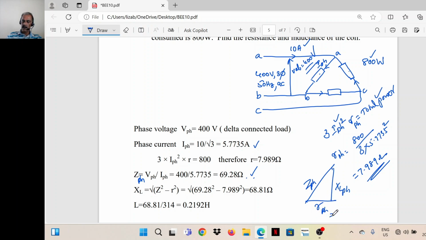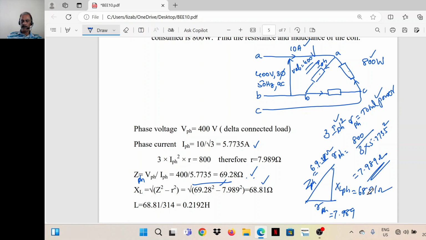This is 7.989. Impedance per phase is 69.28 ohm. So this side is square root of 69.28 square minus 7.989 square, is 68.81 ohm.